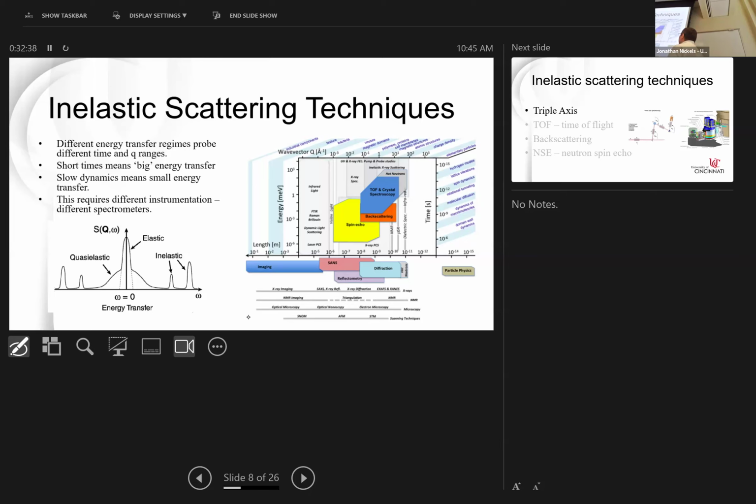So what else? The point here is that we have different energy transfer regimes that probe different types of dynamics. Those are going to require very different instrumentation and spectrometers. So when you go to do this type of experiment, you have to ask which of these techniques is right for the question I'm asking of the system, and do I need to combine these together to cover a broader window in time?